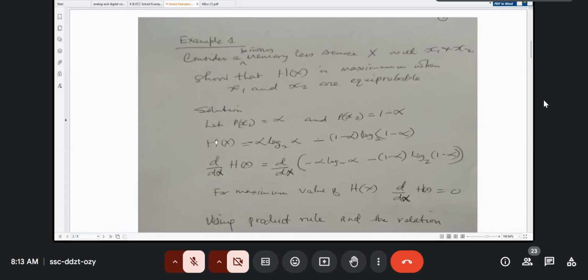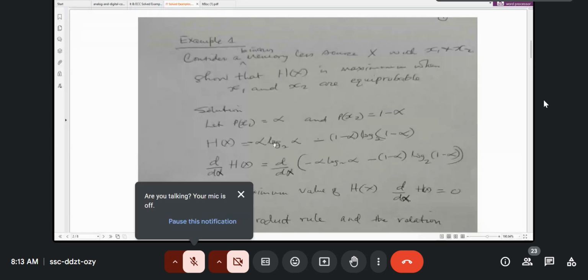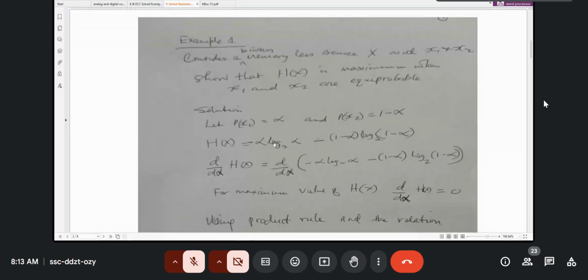So the entropy is given by this. We are simply expanding the formula for entropy, the summation. For the two symbols, this is what you get: minus Px log 2 of Px, and so on.